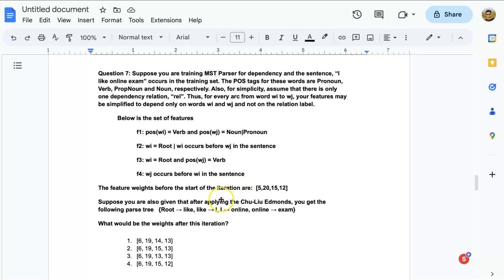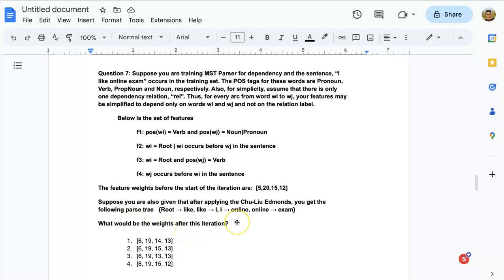I'll just solve this question. So these features are given, the weights are given. After applying the Chu-Liu-Edmonds algorithm, you will get the parse tree like this. Now they are asking what will be the weights after this iteration.